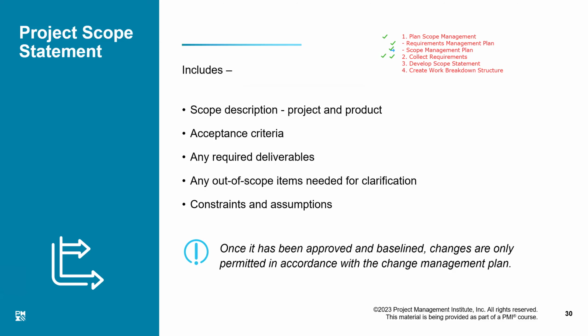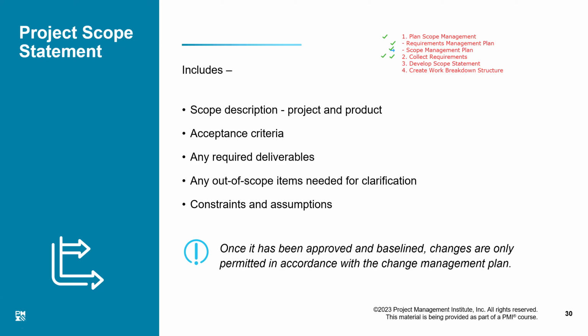Now you understand what is in the statement of scope, which we have already described in our scope management plan. So we have to look at it. The first input is project and product scope. I would say product scope is first identified and then the project scope is identified, right?